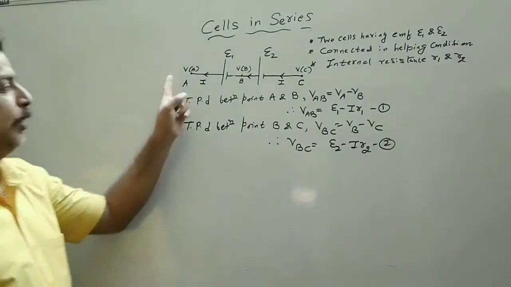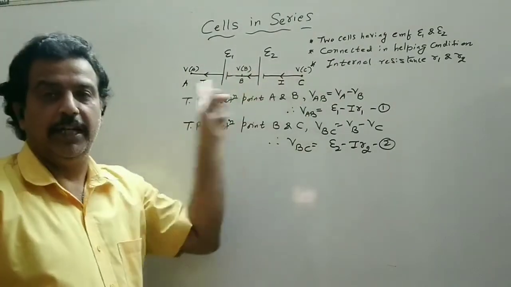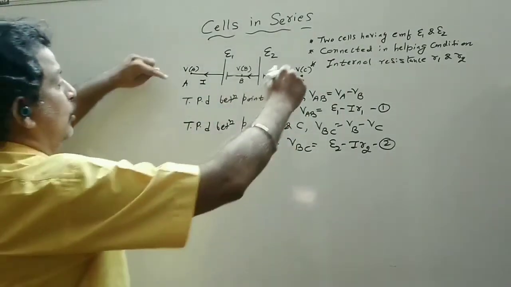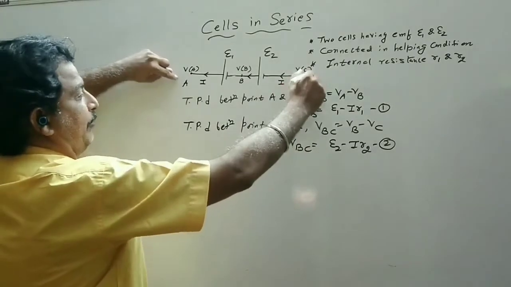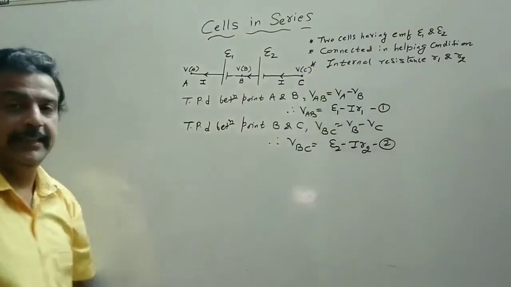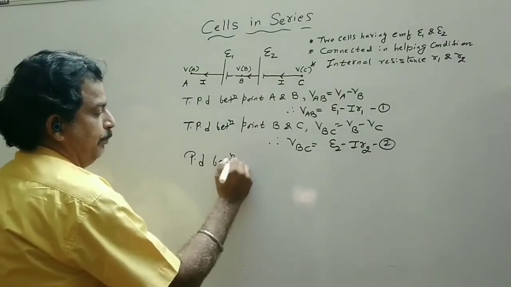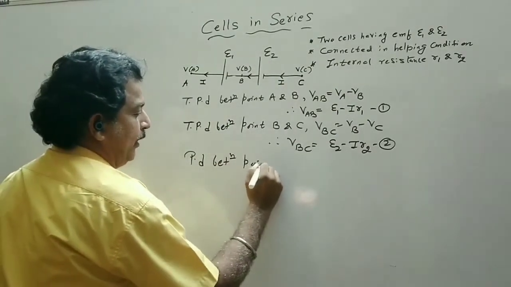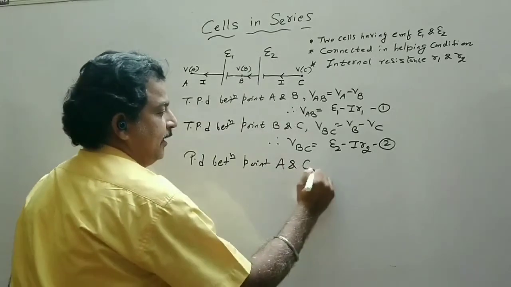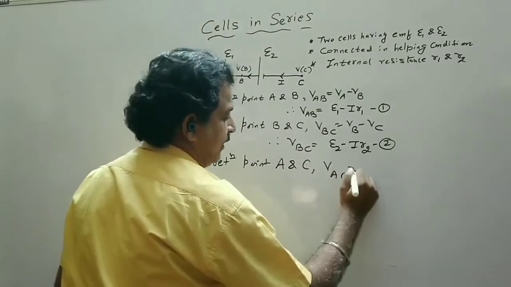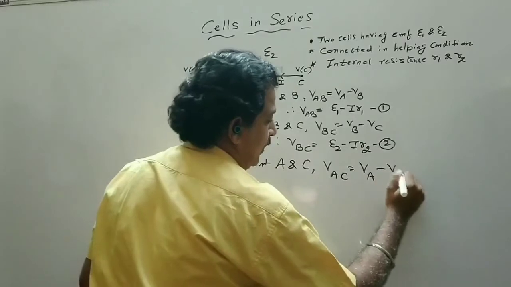We have to find out the equivalent resistance of the entire circuit. So now the potential difference between point A and C, that is VAC, is equal to VA minus VC.